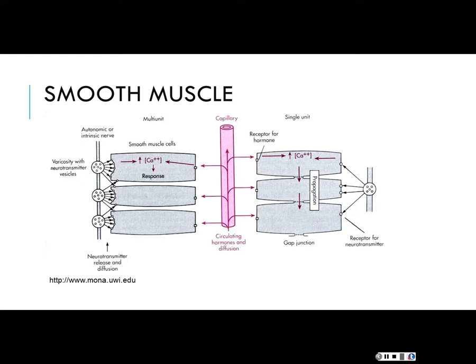What questions do you have at this point about the difference between the single unit type of smooth muscle versus multi-unit? So on the single unit, do they all contract at the same time, or is it like a wave? It'll be like a wave, but it's not prolonged because those ions flood really quickly.